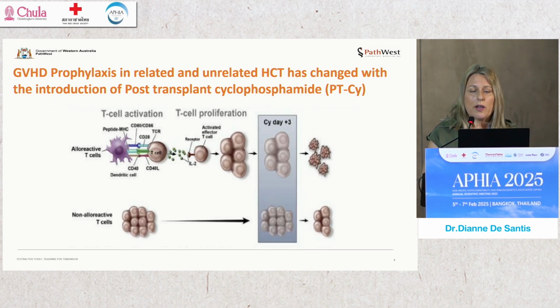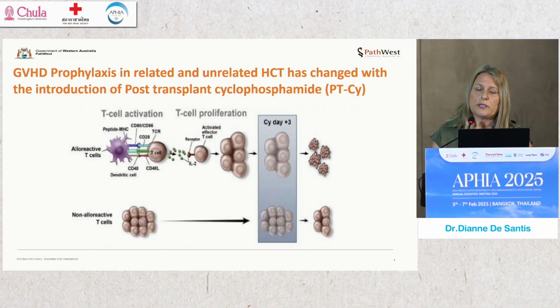And following non-myeloablative conditioning, both the donor and the host T cells are exposed to alloantigens, resulting in activation and proliferation of T cells capable of graft-versus-host disease or host-versus-graft reactions. Expansion of the alloreactive clones occurs in the first 3 days after transplant, at which point cyclophosphamide is given to deplete the activated T cells.